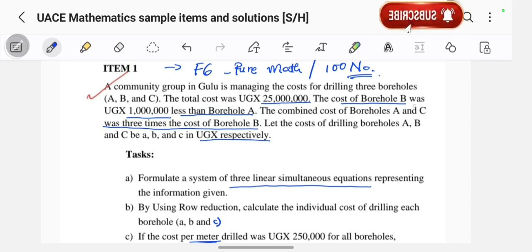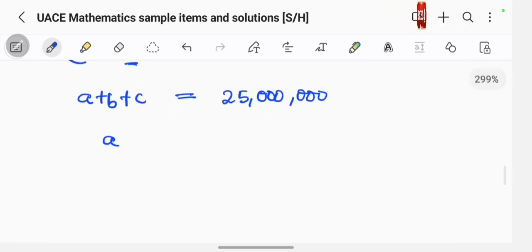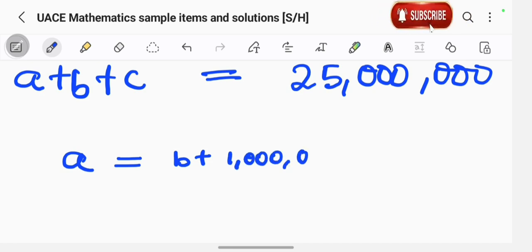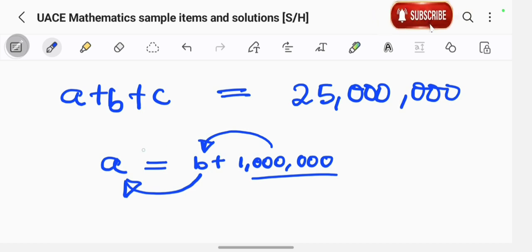The cost of borehole B was 1 million less than borehole A. So that statement means that if borehole A costs A shillings, then A is equal to B plus 1 million. Why? Because B is less than A by 1 million. So if I add 1 million on B, the equation becomes equal.